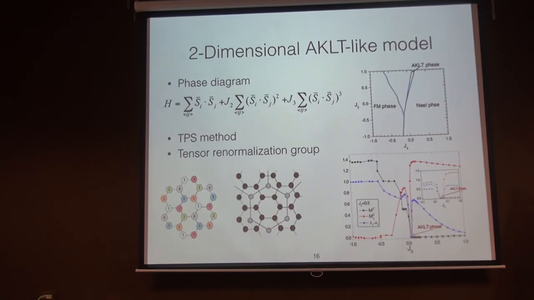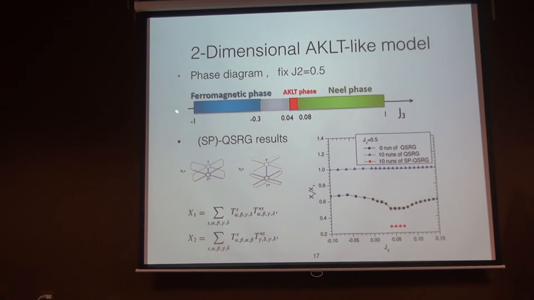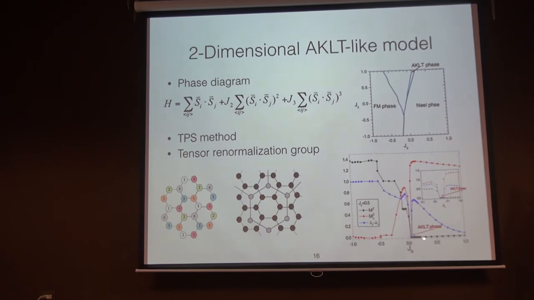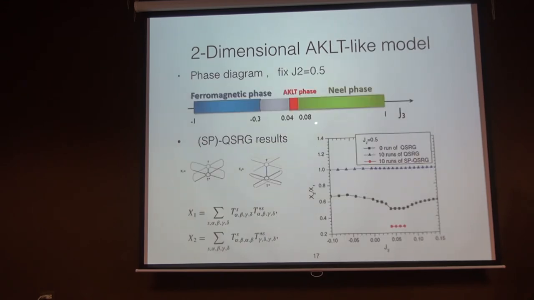Okay, so I plot the figure to show the phase diagram. In this region, the local order parameter would be 0, so I say that this could be a topological defect. And then we use a quantum state RG without preserved symmetry. We find that if we do not preserve symmetry, all states will flow to the product state.